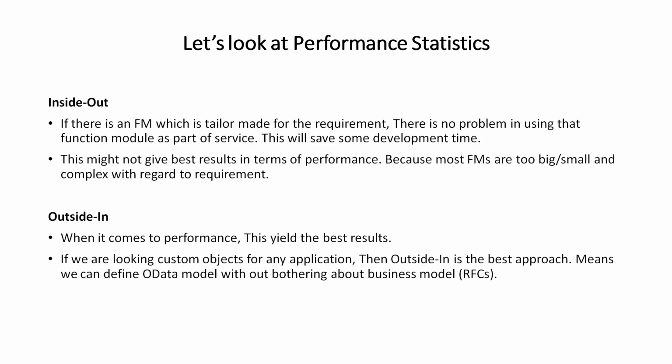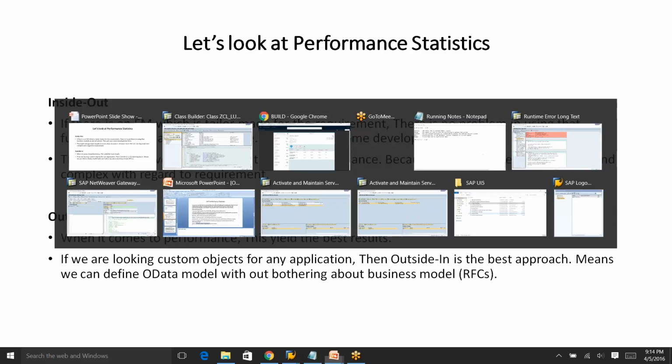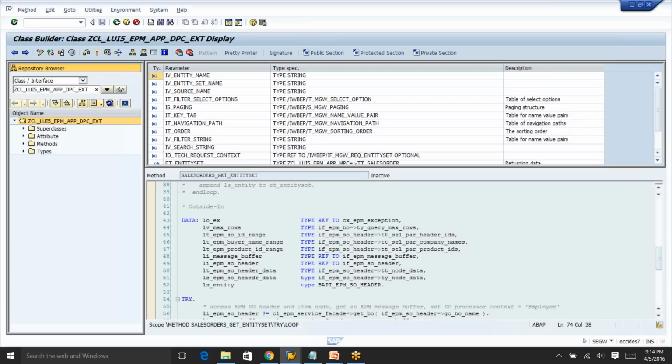Okay, so whenever you are writing these web applications which will run on mobile, tablet, and desktop, you got to take a lot of care into how fast you can serve the user request. Inside it is all ABAP code, whether you are writing a function module or a class method or inside the OData data provider class extension methods. But how fast you are going to serve the request coming from the user is your top priority.